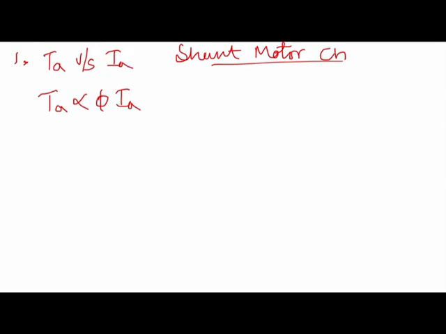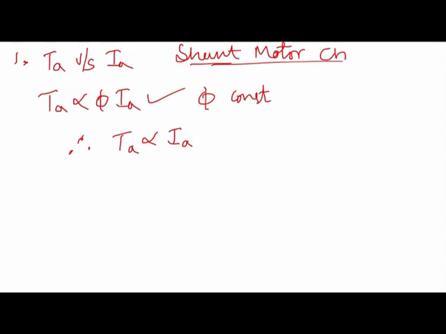We know this relation for any motor: the torque is directly proportional to flux into armature current. For DC shunt motor, we know that the flux remains constant. So therefore we can write torque is directly proportional to IA.